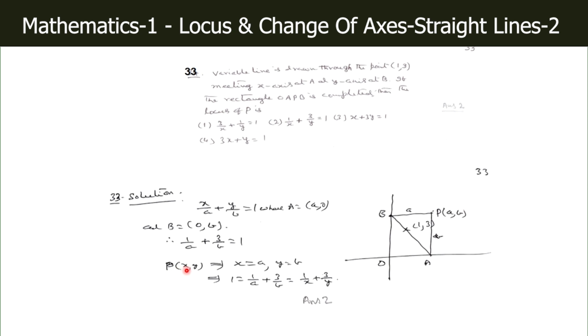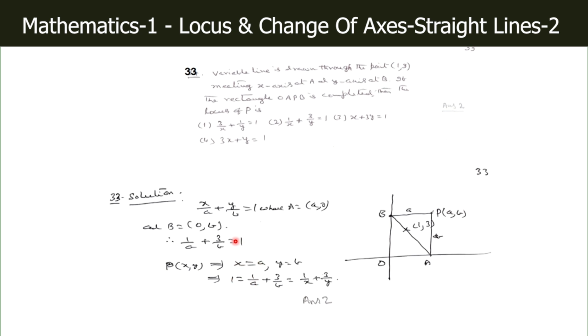Now suppose P is the point (x, y). You know that because A and B are (a, 0) and (0, b), P must be (a, b). So if (x, y) are the general coordinates of P, then x equals a and y equals b.